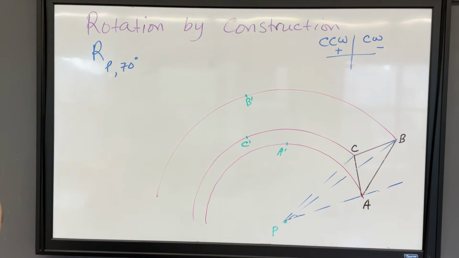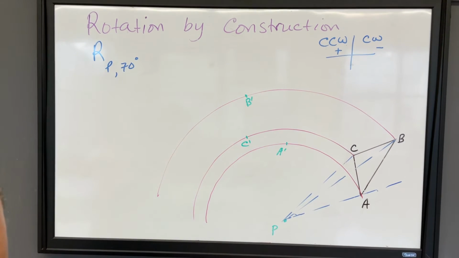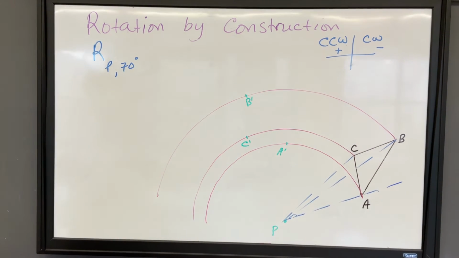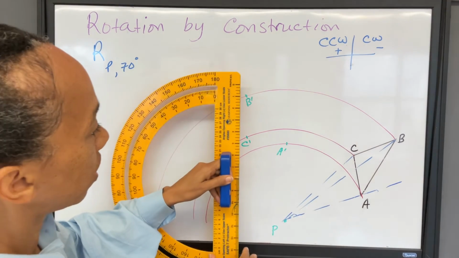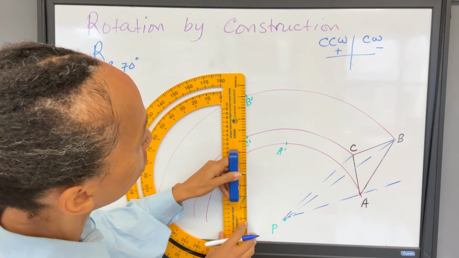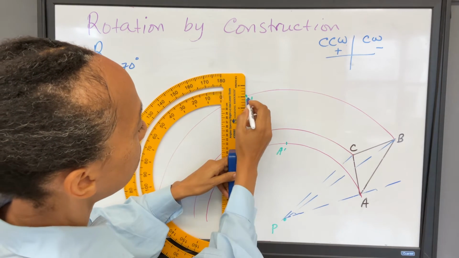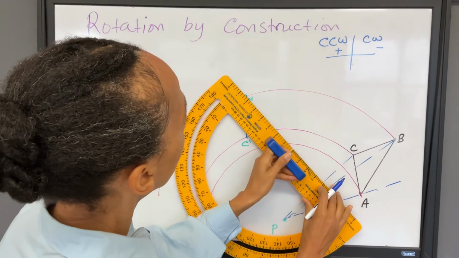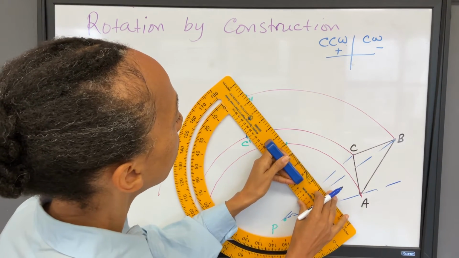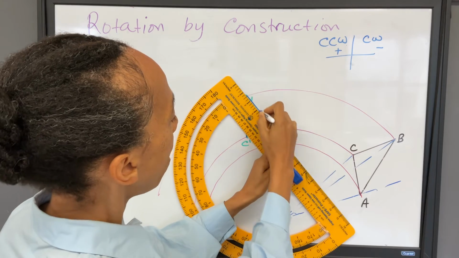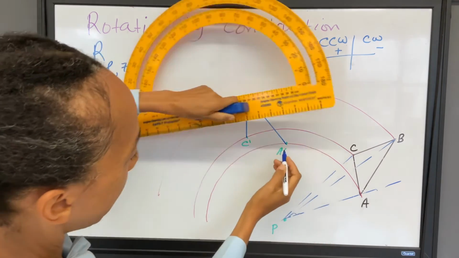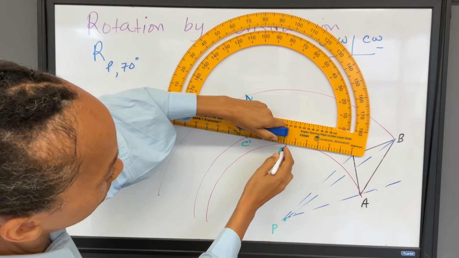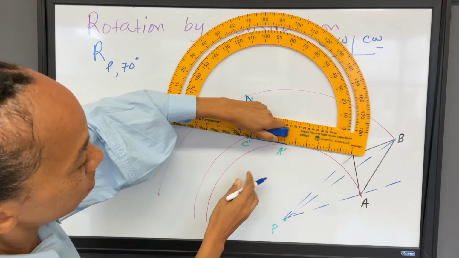Then all you have to do next is simply create your triangle. I'm going to connect B prime to C prime, connect B prime to A prime, and connect A prime to C prime.